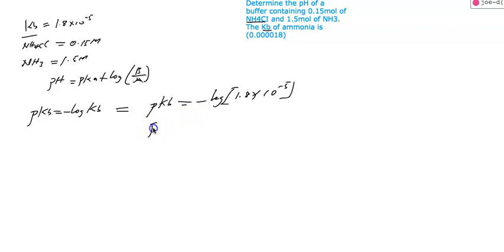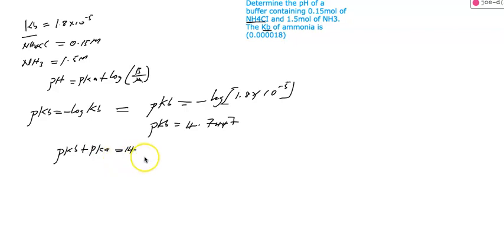Let's plug them in. Our pKb will be 4.744. We knew this from the previous question 7. All right, that's our pKb. Now we know that pKb plus pKa equals 14.